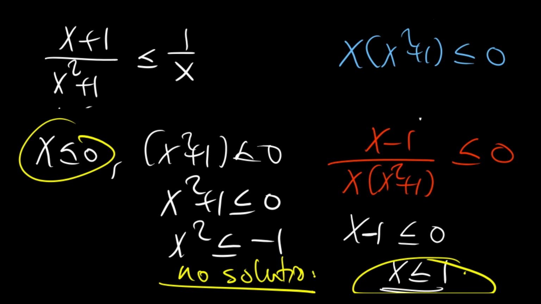Yes. Why is it written x minus 1 over x multiplied by x squared plus 1? For the top part, was this supposed to be x plus 1?